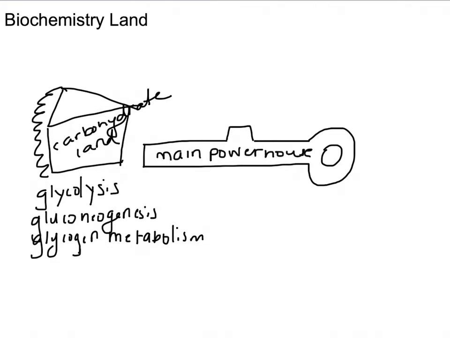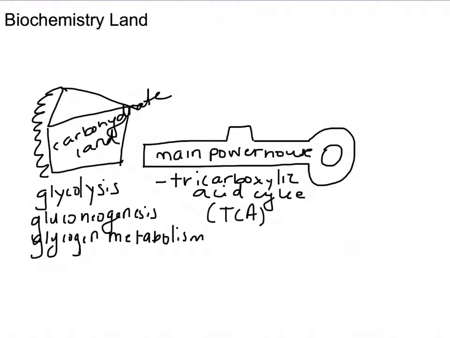The main powerhouse includes the tricarboxylic acid cycle, electron transport, and oxidative phosphorylation.